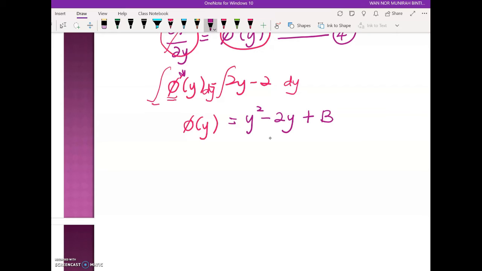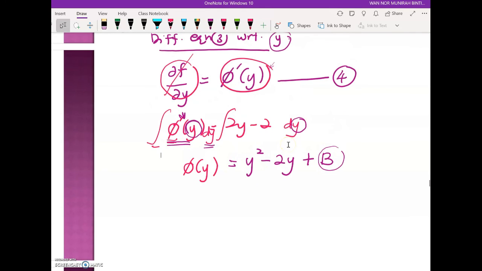Why can we put a constant instead of an arbitrary function? This is because we integrate with respect to only one variable here, and phi prime(y) consists of only one independent variable. So now we get phi(y) equals y squared minus 2y plus b.